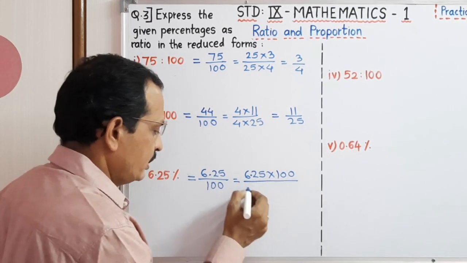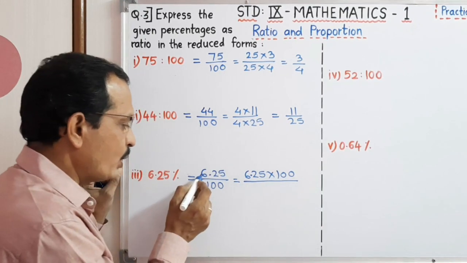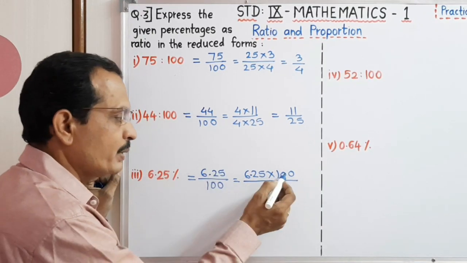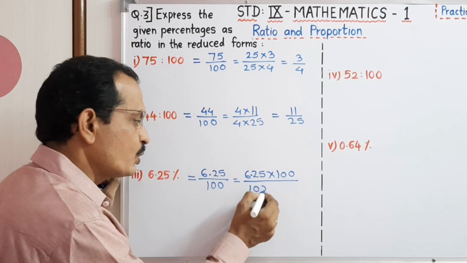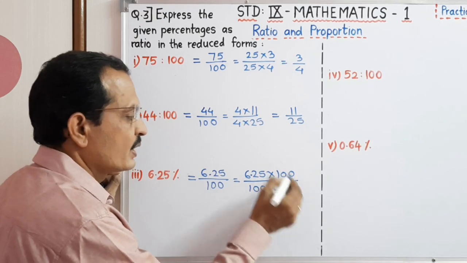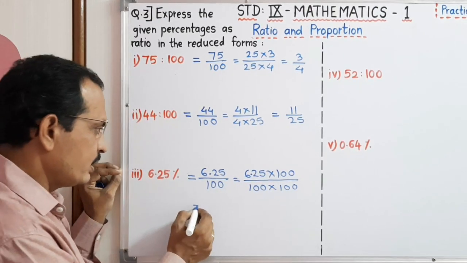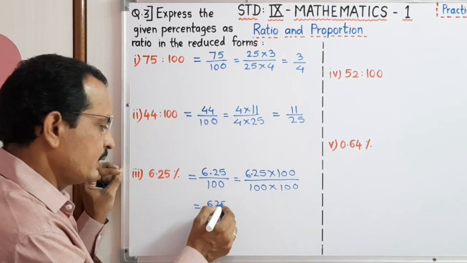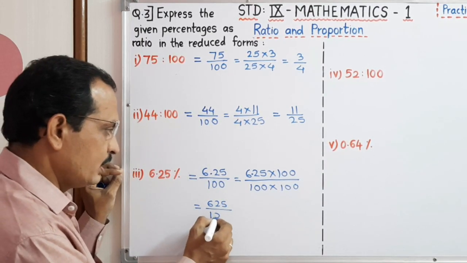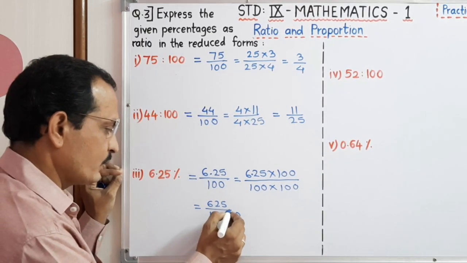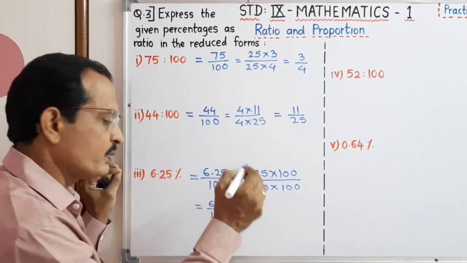Now see here, if we multiply this 6.25 by 100, then this 100 also we have to multiply with 100. Therefore, dear student, we got here 625 upon 10,000. Now we have to simplify this.